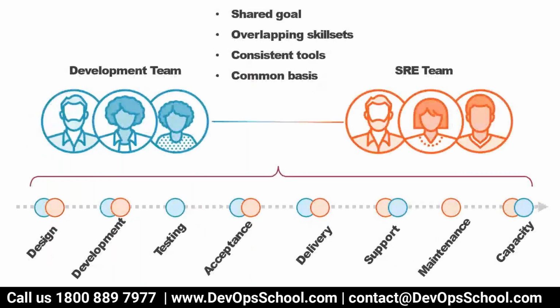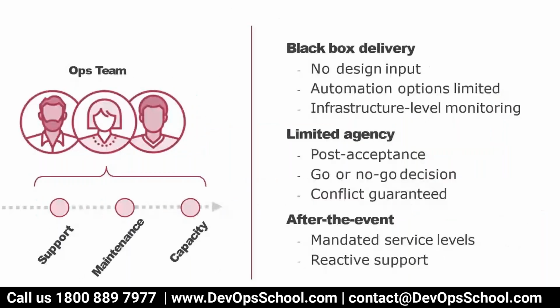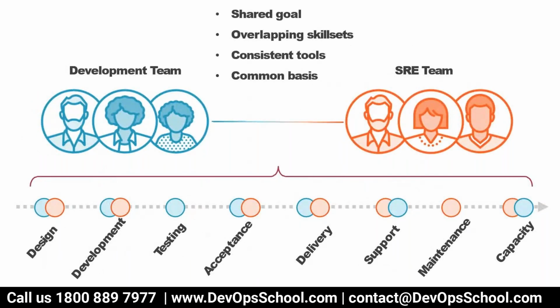Okay, so now we need to bring the SRE approach and migrate from the ops team. We are just changing ops team to SRE team. So same team, today you have ops team, and then tomorrow you call it SRE team. So the question is, how can we convert the ops team into SRE team?